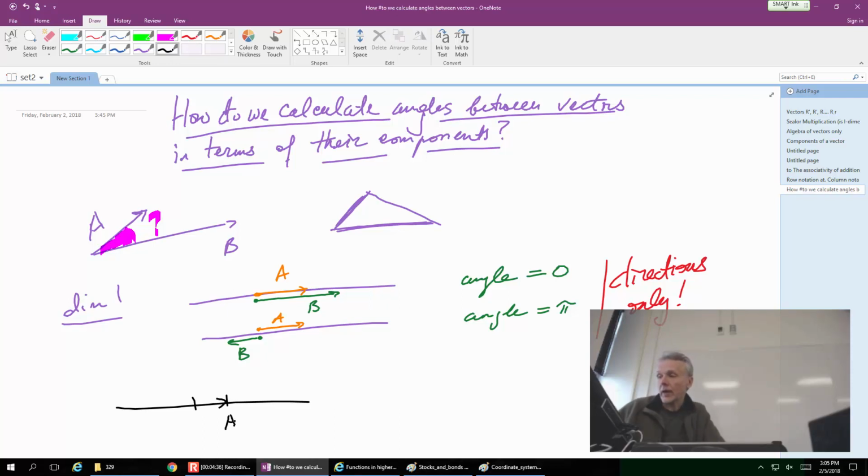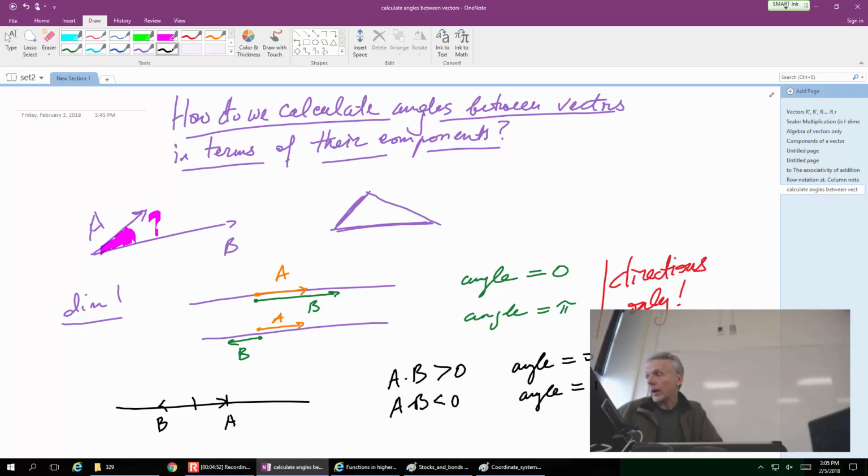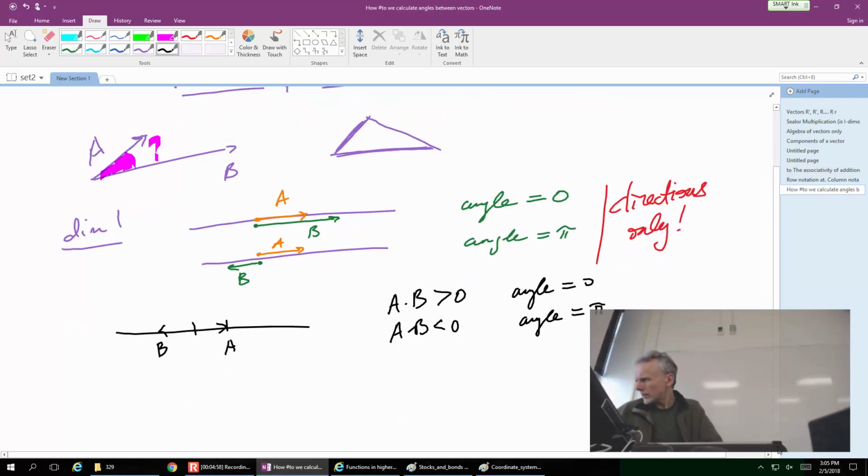Okay, so this is A, and then possibly this is B. Okay, so A times B positive, then angle is 0. A times B negative, angle is pi.